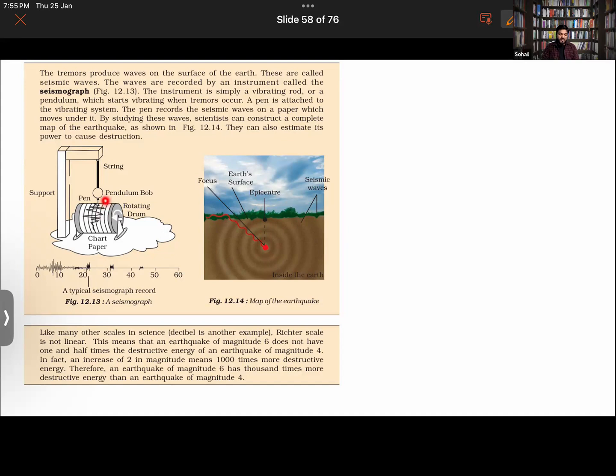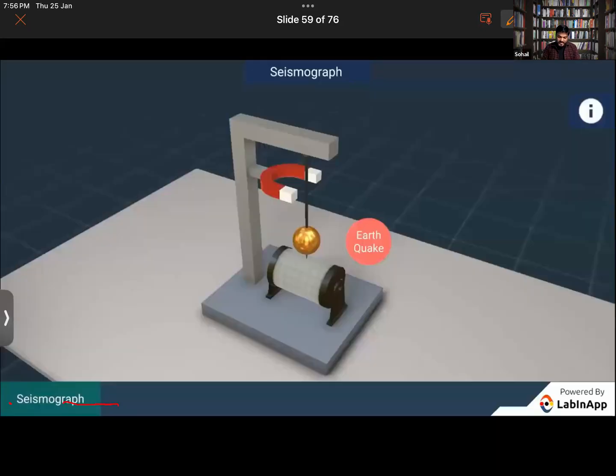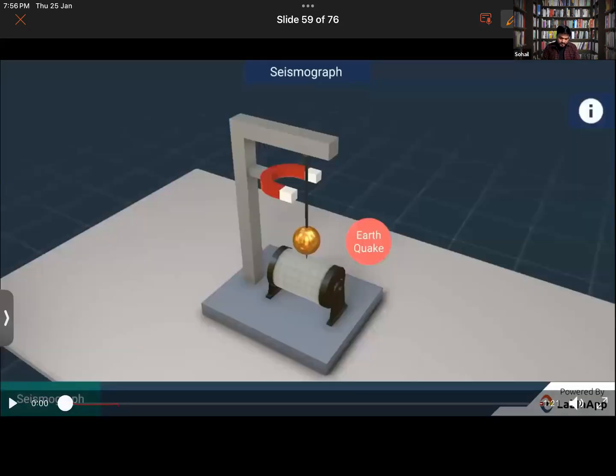It looks like a pendulum bob, it is a pendulum bob, but it does not work on oscillation. Anyways, when the tremor is felt by the seismograph, the pen will start making drawings over this chart paper, or more specifically, a graph paper. Looking at the pattern of the drawing, we determine the magnitude of the earthquake. Have a look at this animation that should clear it more.